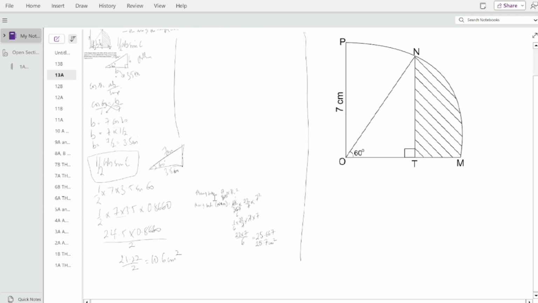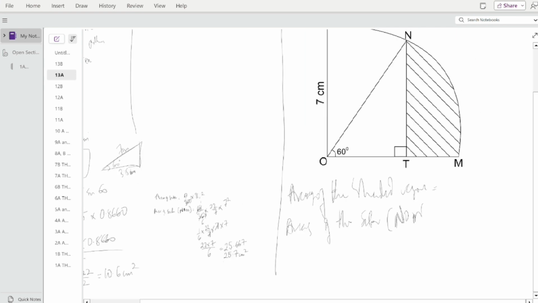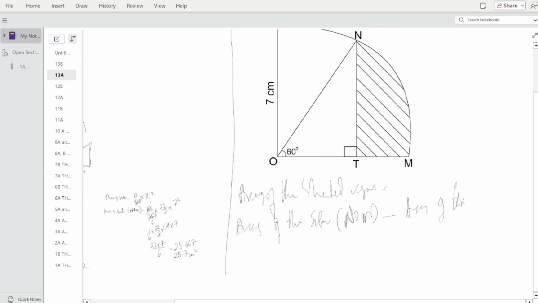Now we have both the area of our sector, which is 25.7 centimeters squared, and the area of our triangle, which is 10.6 centimeters squared. And like I said earlier, for us to find the area of the shaded region, we need the area of the sector NOM minus the area of the triangle ONT.